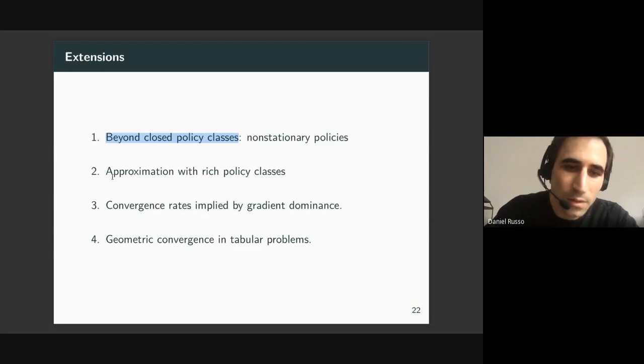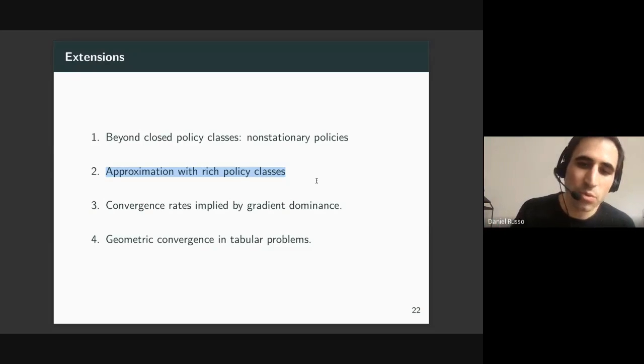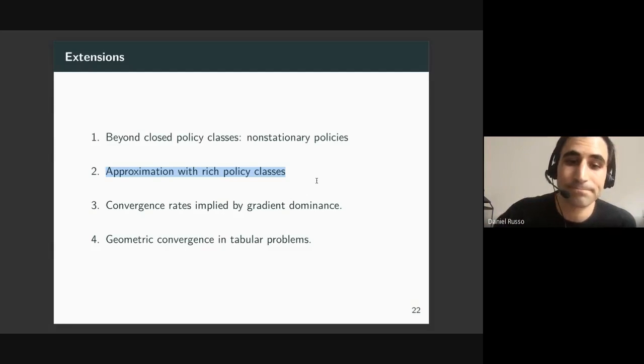We look at classes where the policy class is not closed, but somehow is rich enough that you could almost solve the policy iteration problems within the policy class. And then extend that to understanding how error is going to transfer to the quality of stationary points.